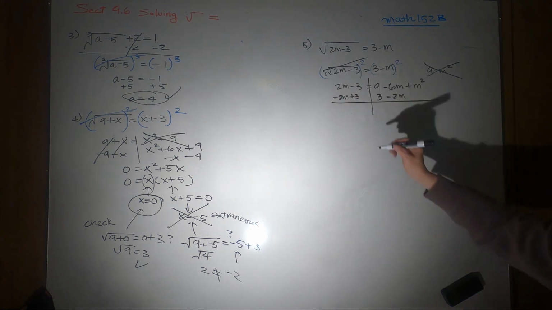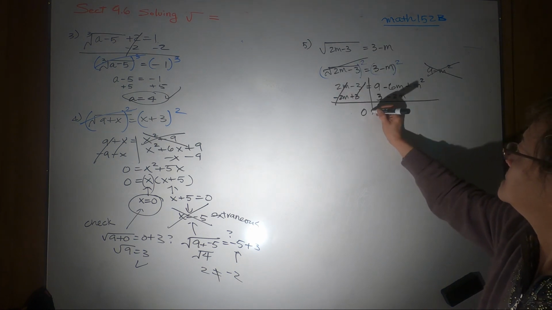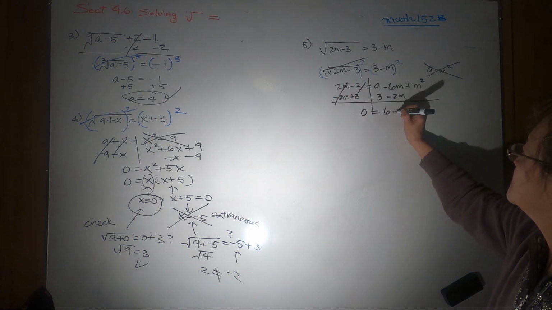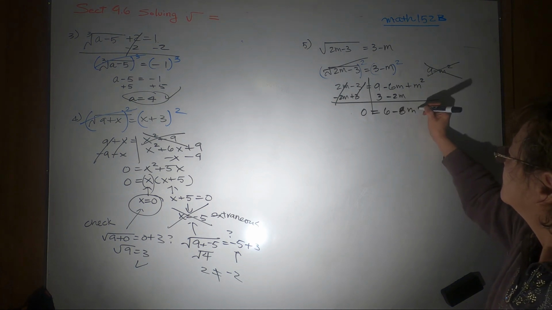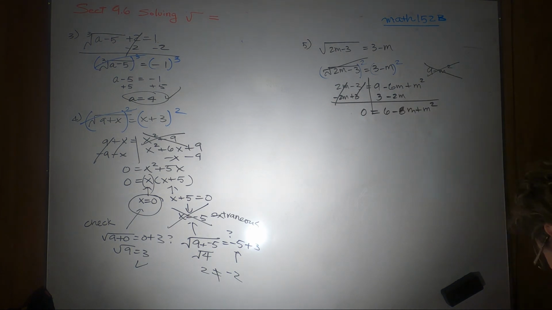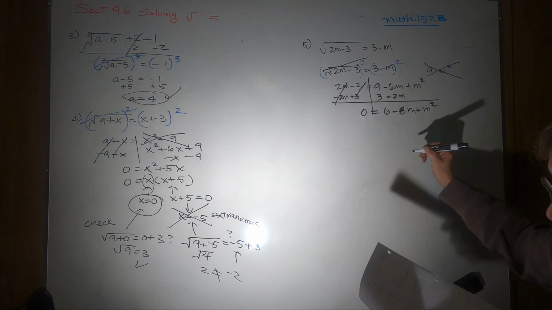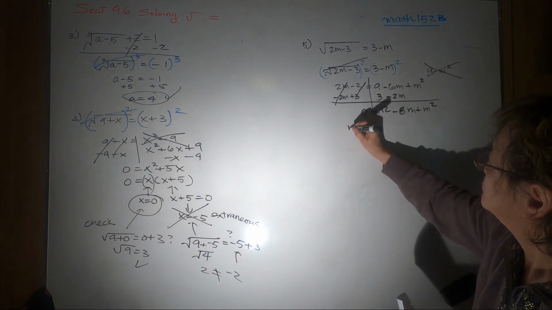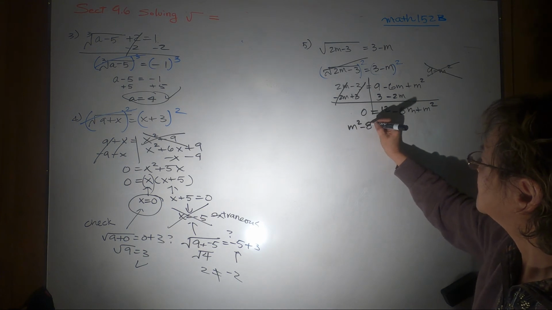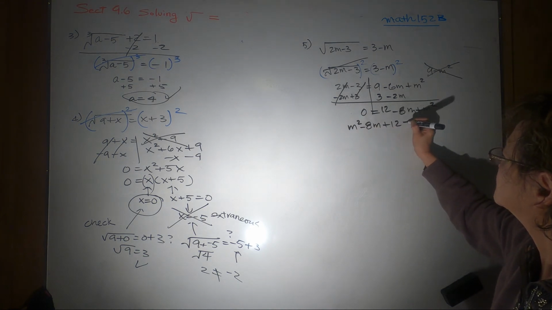Because it's a square. So those cancel out. I have 0 and 6 minus 4, minus 8m plus m squared. Is that right? Okay, so we will write... wait, that's 12. Okay, so we will write m squared minus 8m plus 12 equals 0.